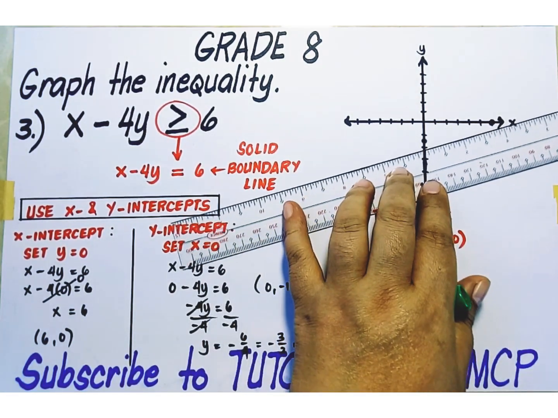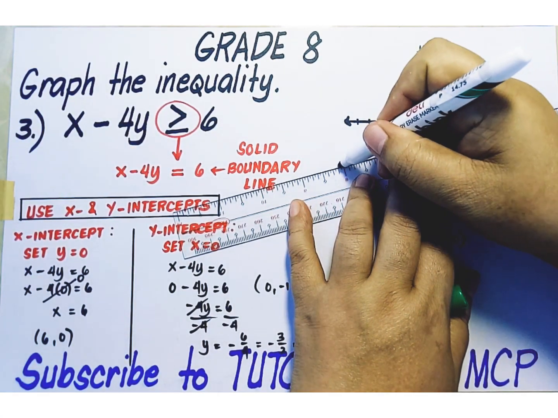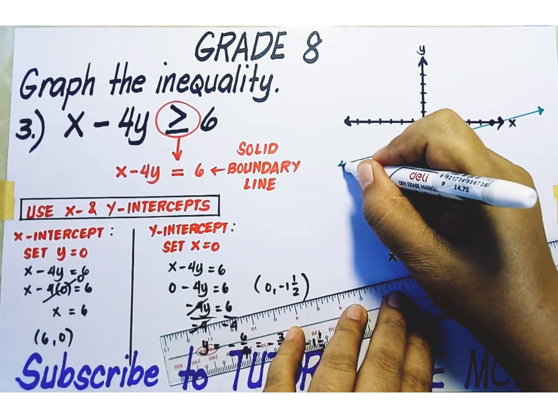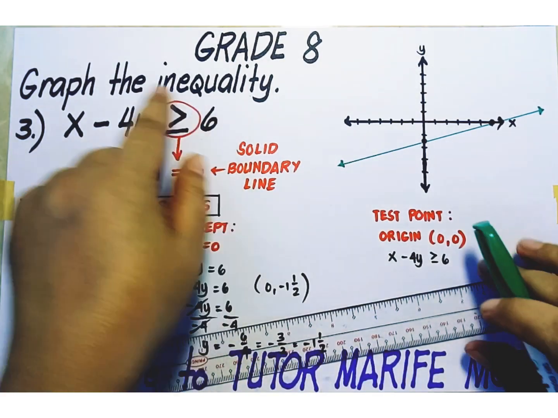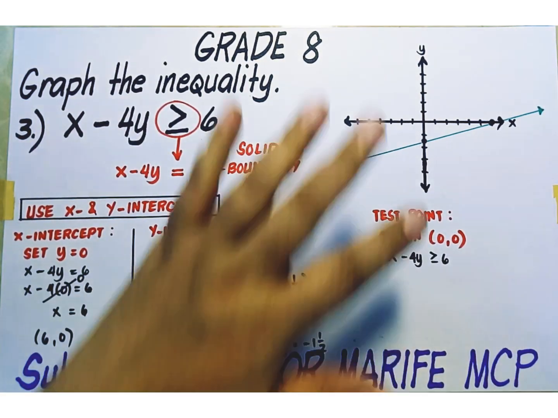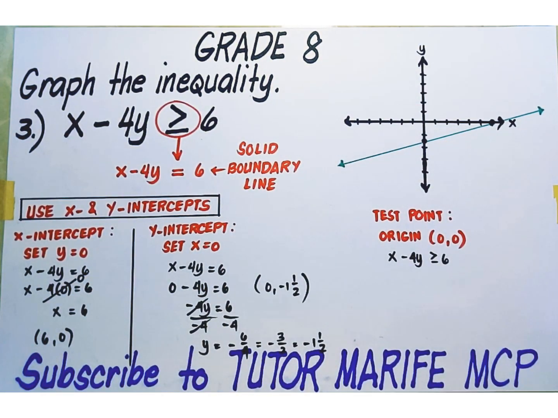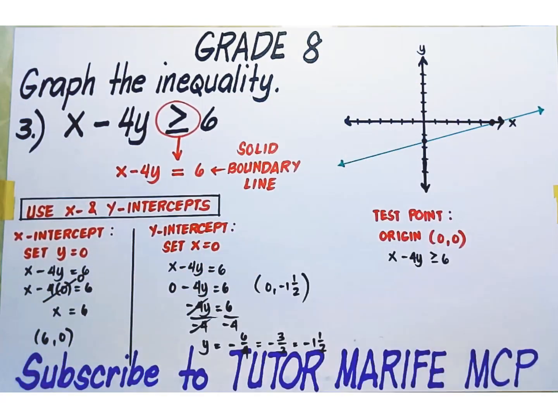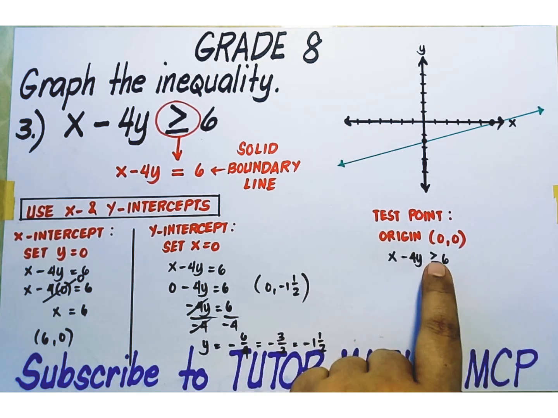Let's draw a solid boundary line passing through the intercepts. This is the boundary line of the third inequality. It divides the xy plane into two regions. Step 3, let's determine which region to shade. Again, we are going to use the origin as our test point.